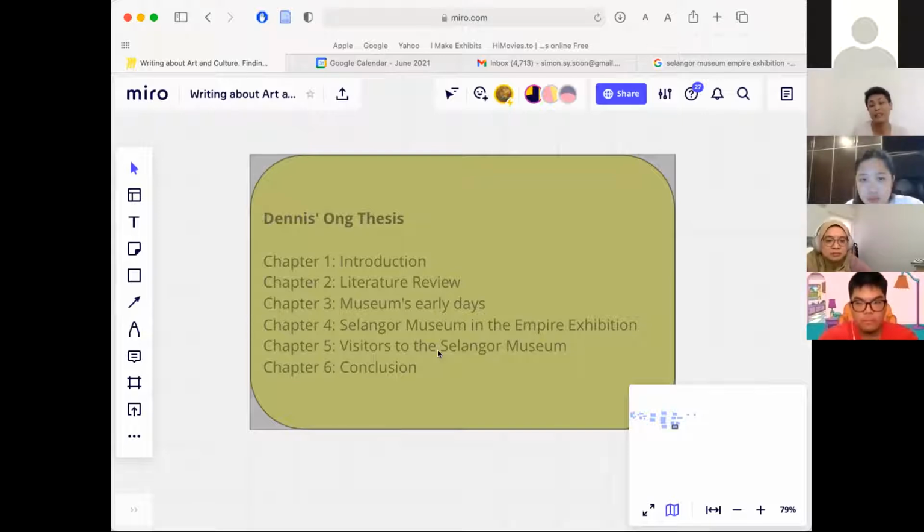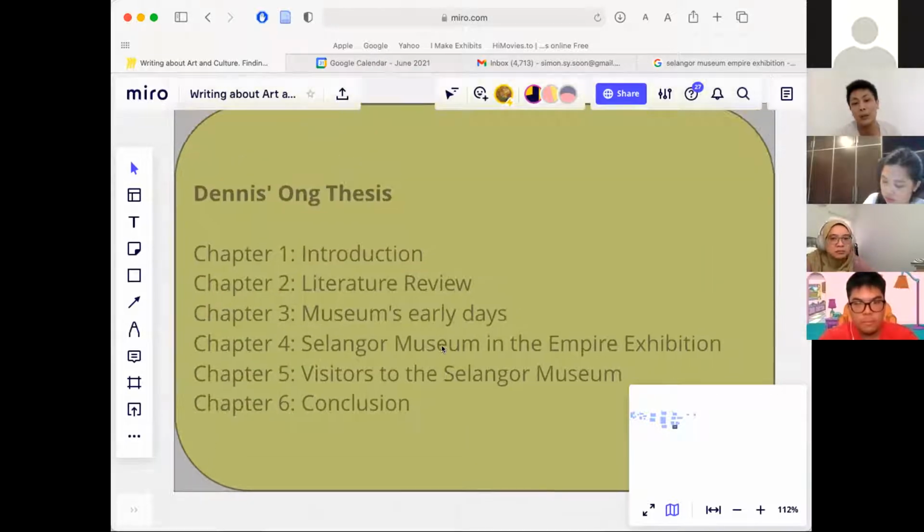If it's about visitorship, then it's about the specific types of perspective that can be gained by looking closely at the voices and the meaning-making processes of people who visit exhibits in the Selangor Museum, and what they gain from engaging with the display might be very different from what the curators intended those displays to mean, right?